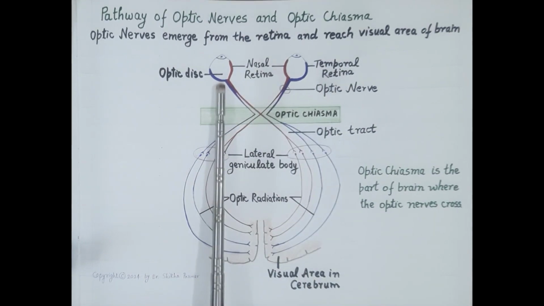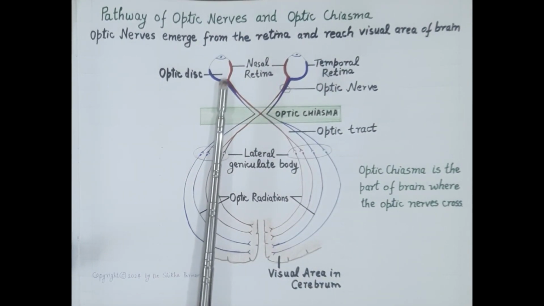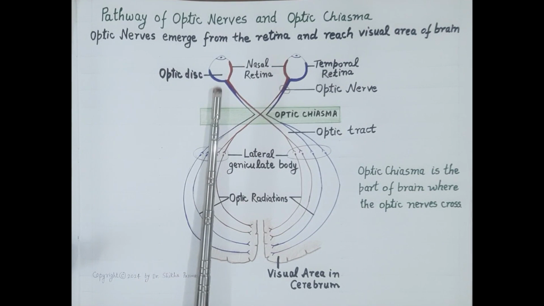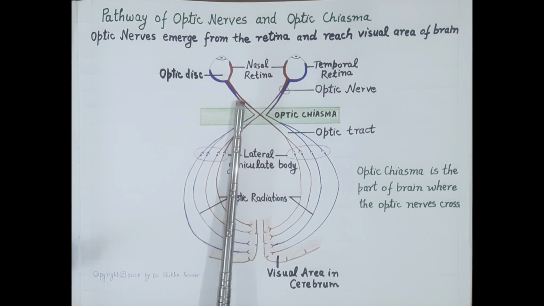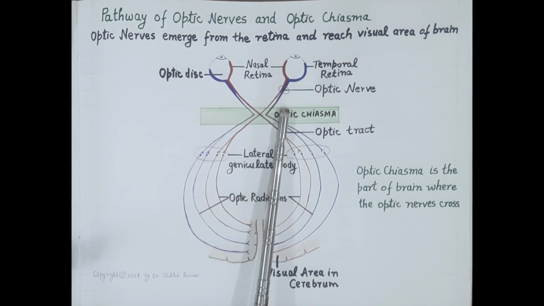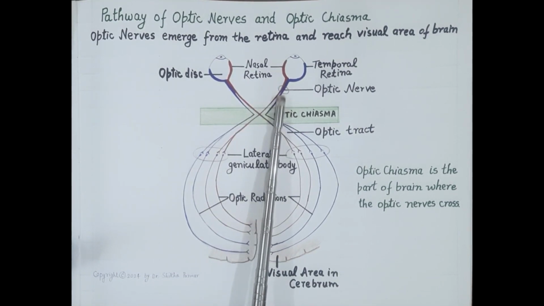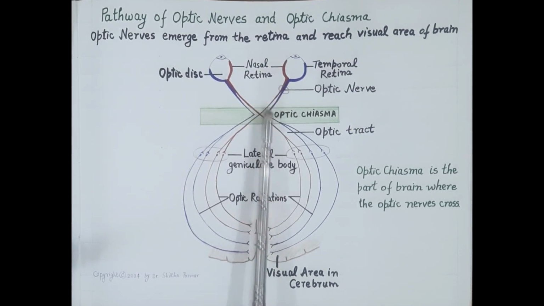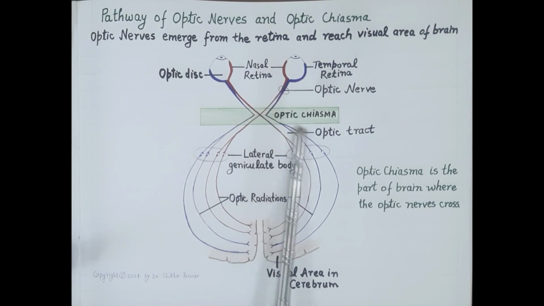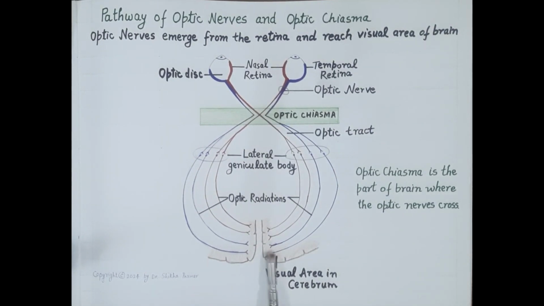The point at which the optic nerve leaves the eye is known as the optic disc or the blind spot. One optic nerve emerges from the right eye and the other optic nerve emerges from the left eye. These optic nerves, as they emerge from the retina, move towards the visual area of the cerebrum.